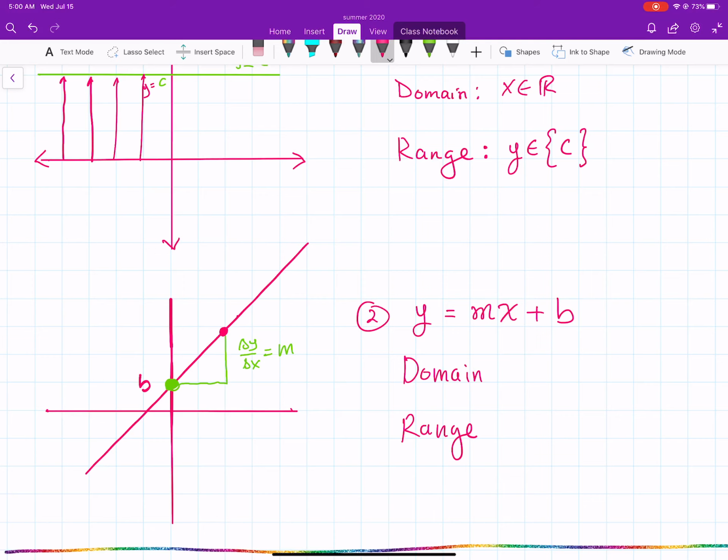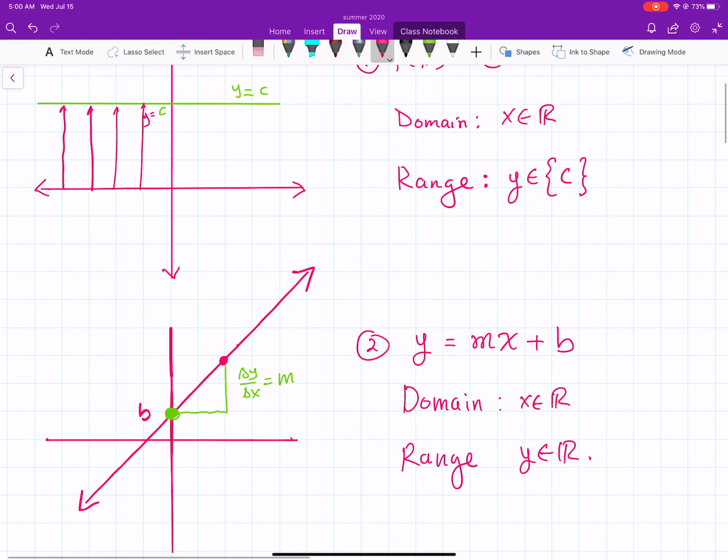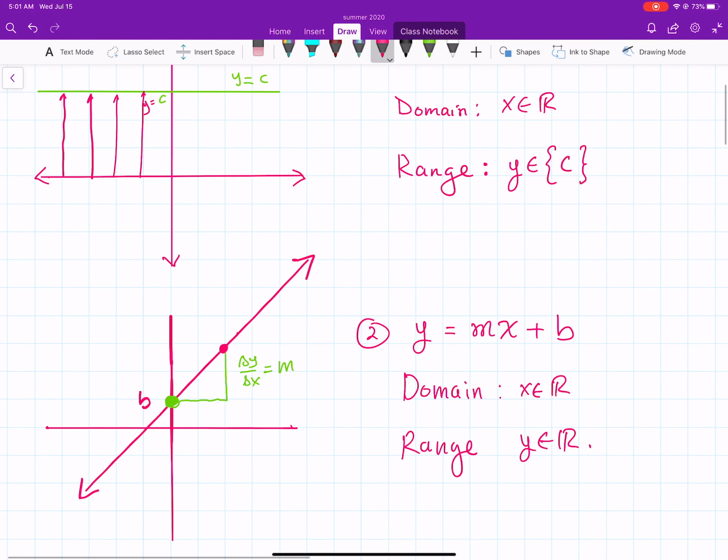So again, if I look at their domain, this function is going forever. The domain of a line is all reals, and the range of a line is also what? All reals. Hopefully these two, you've seen them and you've worked on them in your Algebra 1 experience, okay?